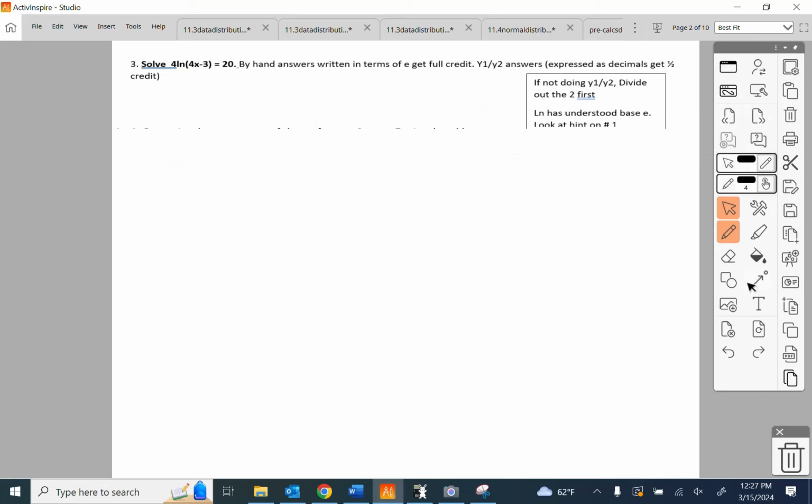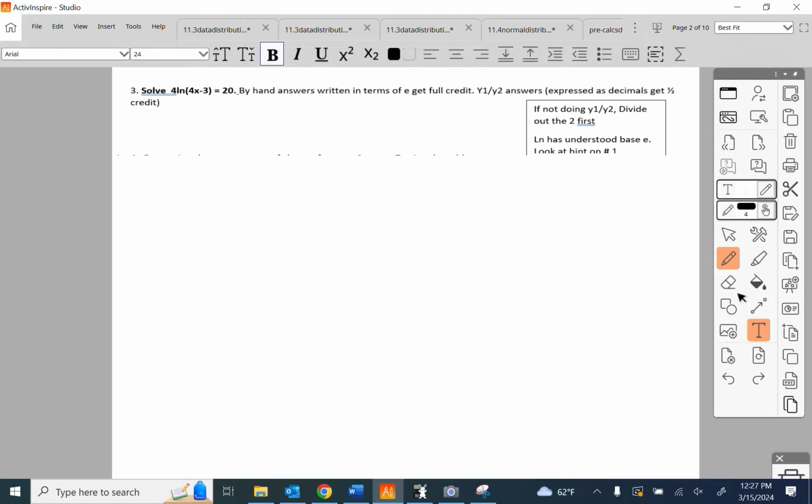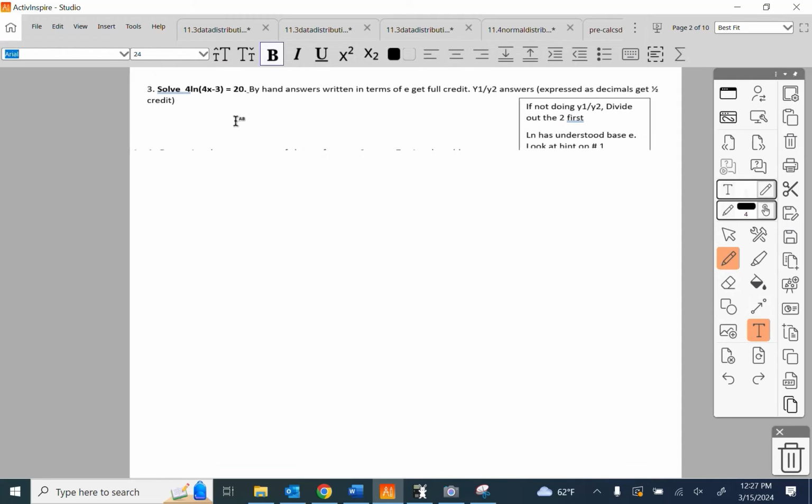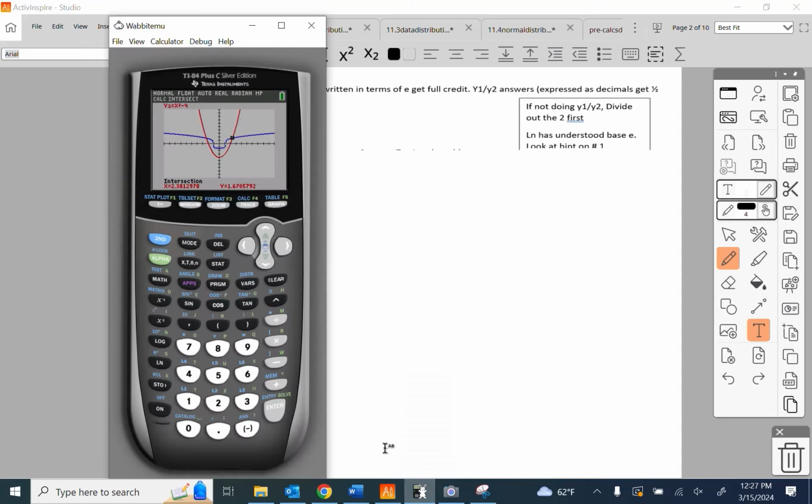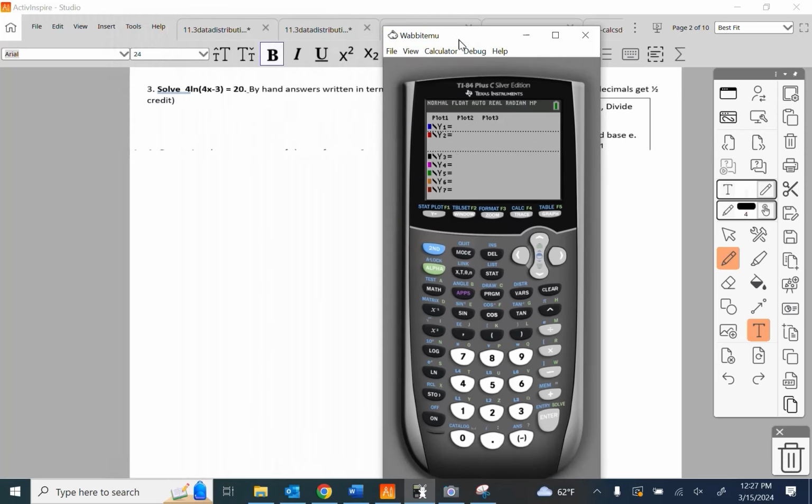Alright, solve 4 ln of 4x minus 3 is 20. By hand answers get full credit. y1, y2 answers get half. Let's just do y1, y2 real quick. Because, why not? It's not like it's my lunch break or anything. It's a good thing you can't see my face.